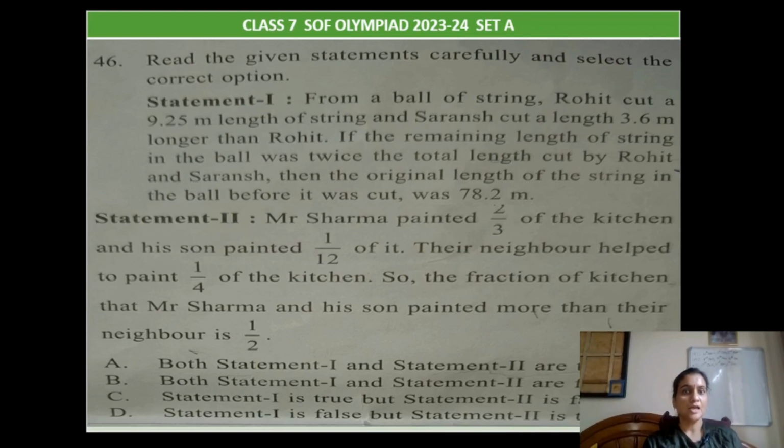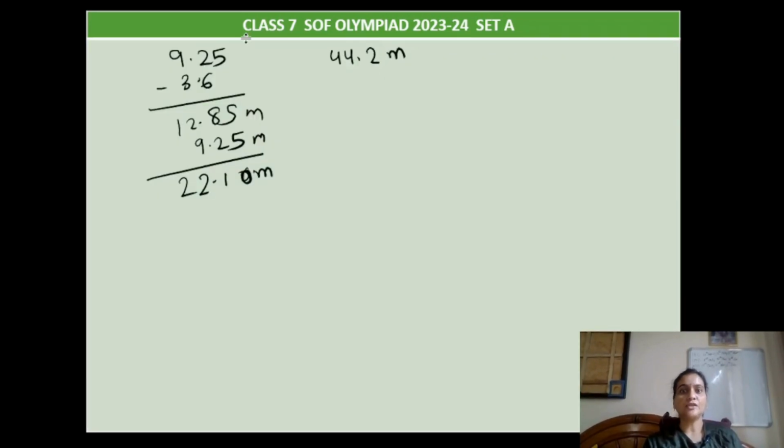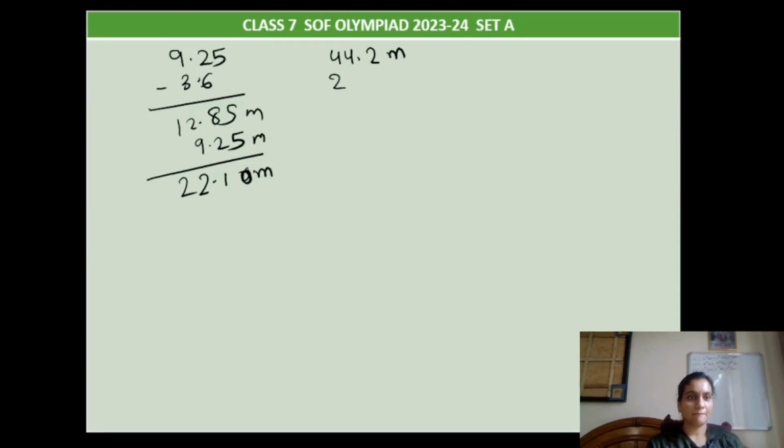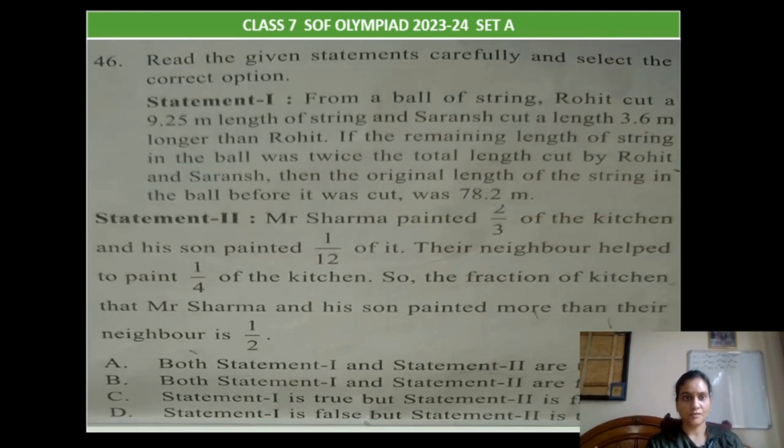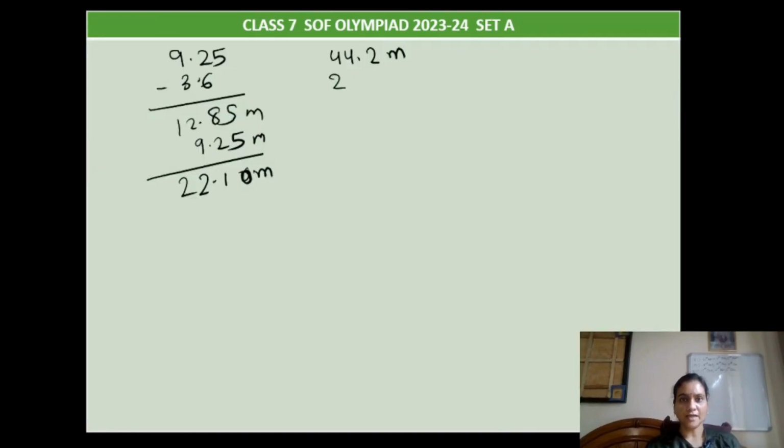That means 44.2 plus 22.1 should be equal to 78.2. Yes. So I don't think that is 78.2. If you add it up, it becomes 66.3 meters. Right. So that means statement 1 is false.